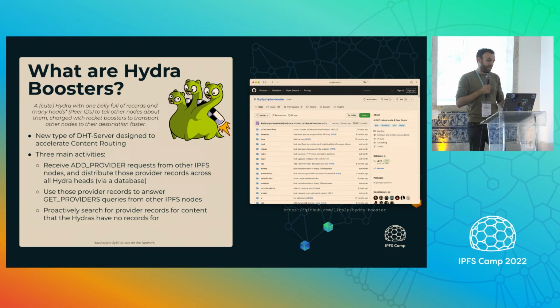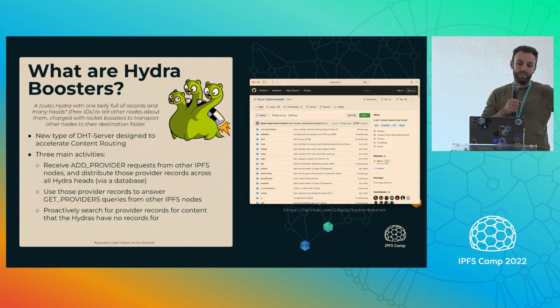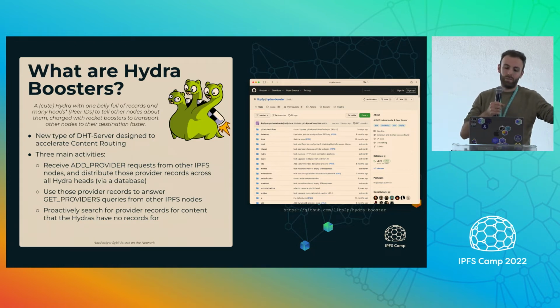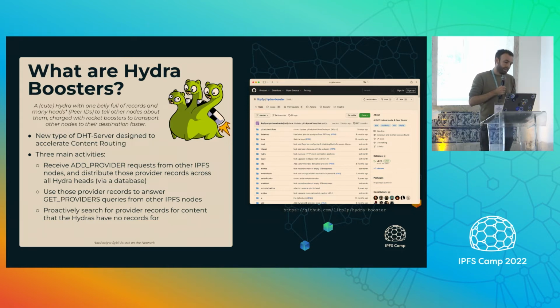They have three main activities. They receive add provider requests from the IPFS network and store them in one big database, so that other heads of that Hydra can directly access the database and serve it right away, although they may be far away in the XOR key space. Then they use those provider records to answer get providers queries from other IPFS nodes.